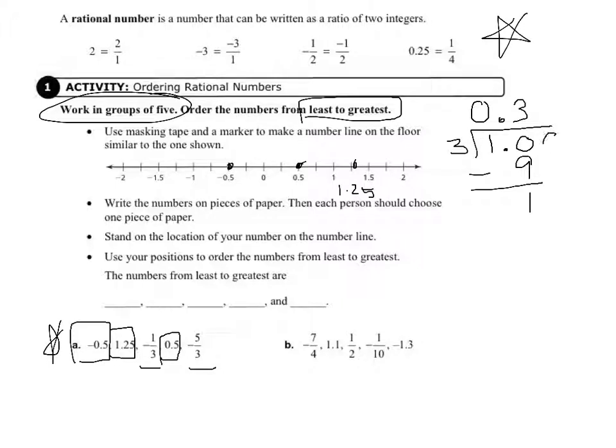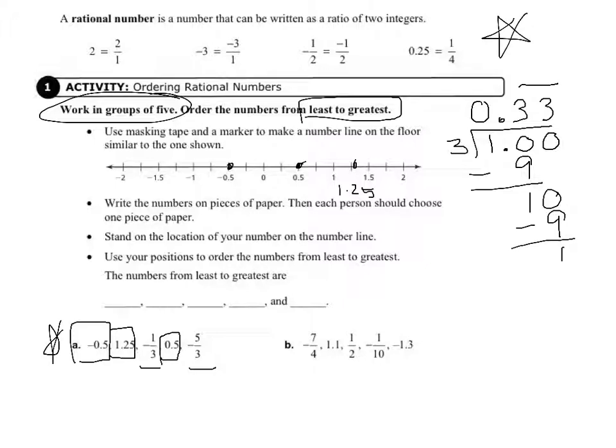And then we can put another 0 on the end here and bring that down. And we do the same thing. 3 goes into 10 3 times. 3 times 3 is 9. And we can see that it would just keep repeating. So we put our repeating bar on the top of that.